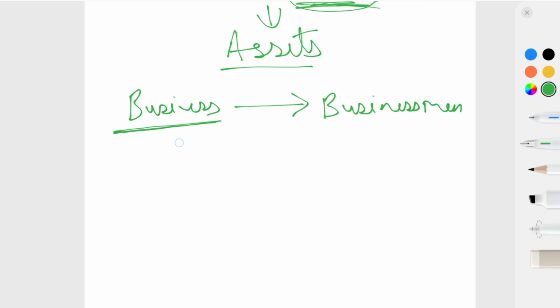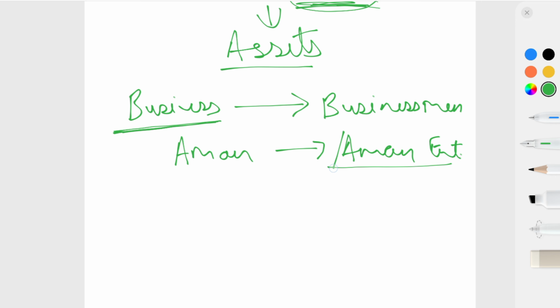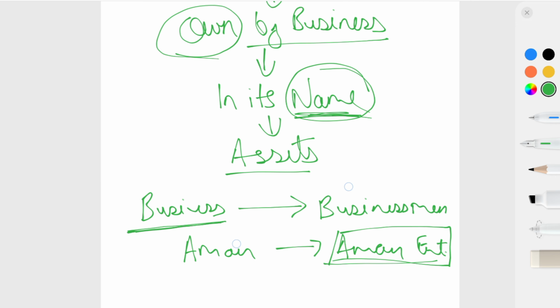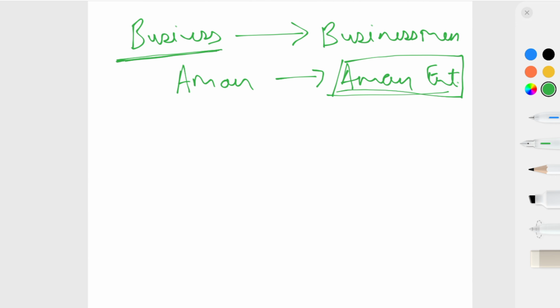Say suppose Aman is running a business known as Aman Enterprises, right? So all those transactions, bills of purchase, sales will be done in the name of Aman Enterprises, right? So that's why we have focused more on the name part, that all the assets should be owned by the business in its name.